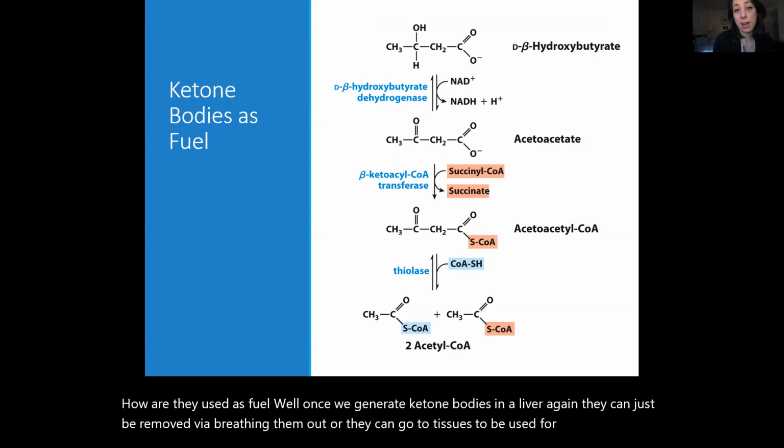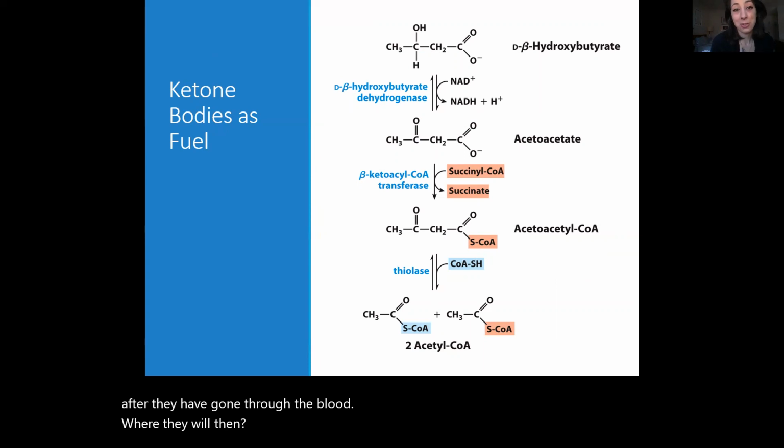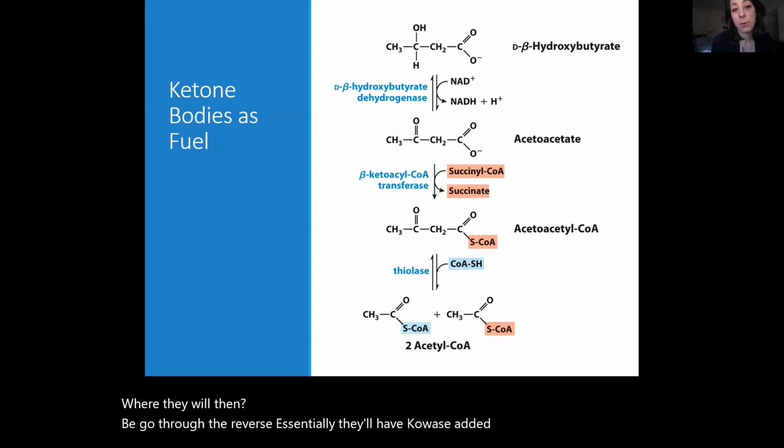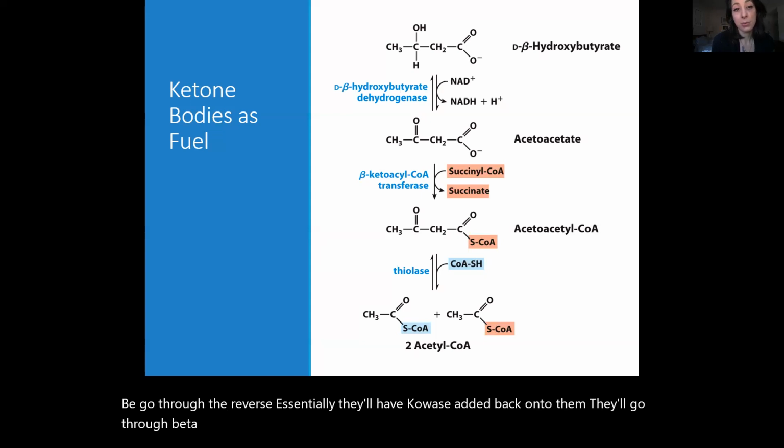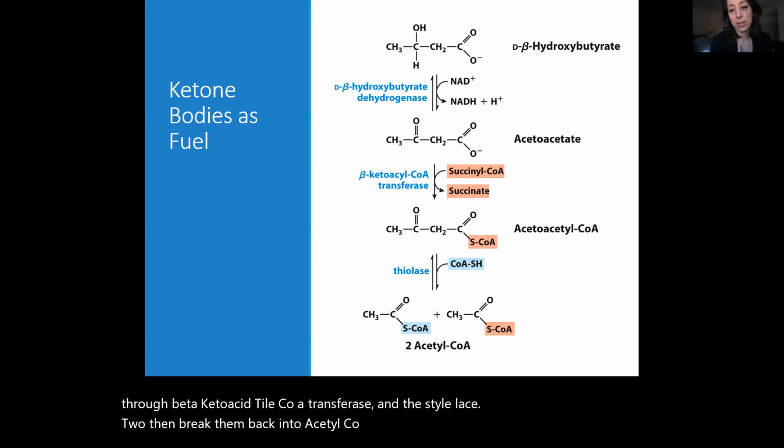So for example, beta hydroxybutyrate or acetoacetate can then be transferred back into other cells after they have gone through the blood, where they will then go through the reverse, essentially. They'll have CoAs added back onto them. They'll go through beta ketoacyl-CoA transferase and the thiolase to then break them back into acetyl-CoAs, which can be used for energy in those tissues.